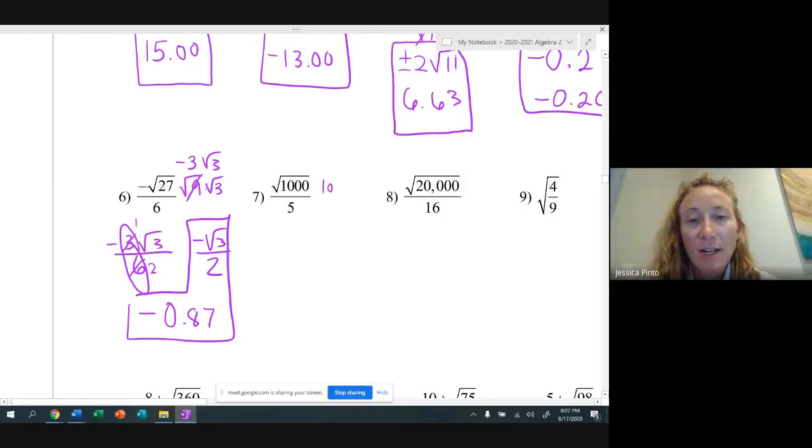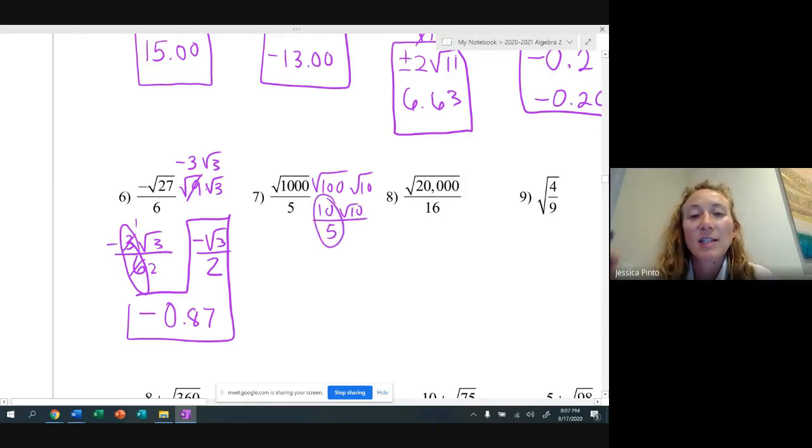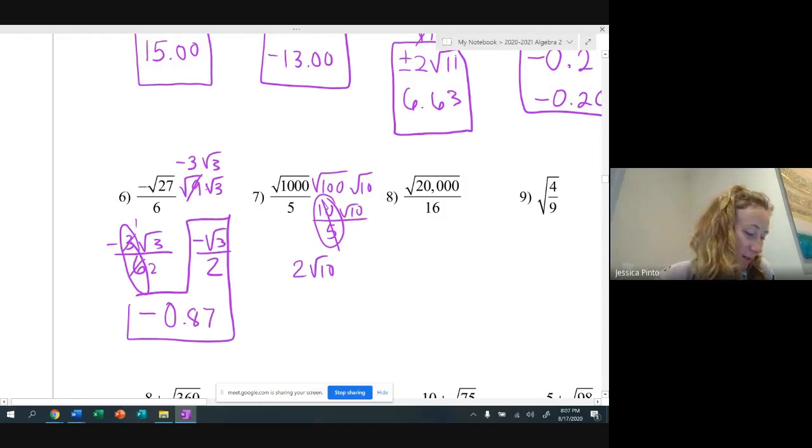1,000, that's 100. Oops. 100 times 10. Hopefully you know the square root of 100. So I've got 10 rad 10 in the numerator divided by 5. Just these two divide. Circle the ones that you're dividing together. I've got 2 rad 10. And then taking the 10 square root times by 2.